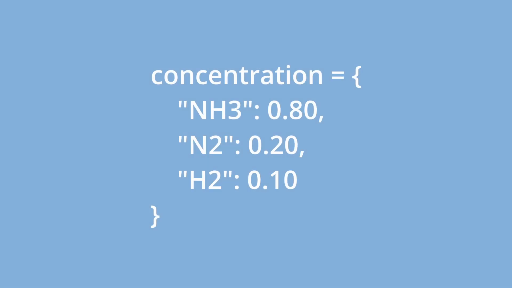Now, let's say we have our equilibrium concentrations in another dictionary, concentration, containing items NH3: 0.80, N2: 0.20, H2: 0.10. Define a variable expression to express the law of mass action, and it is initialized: expression equals 1.